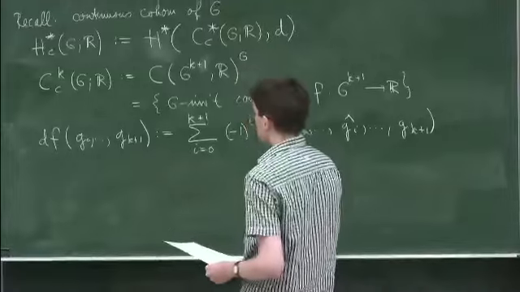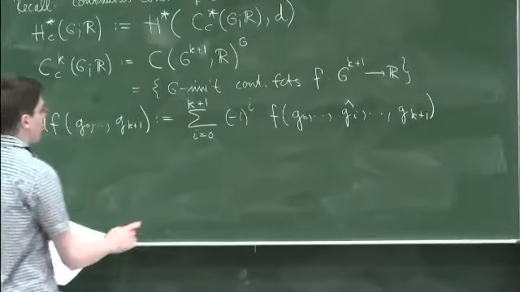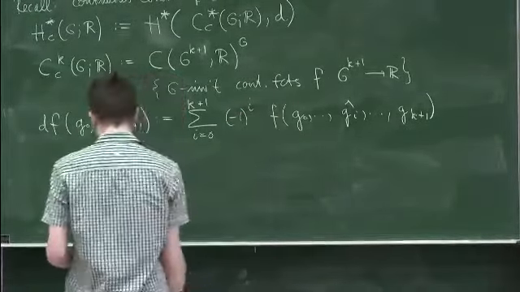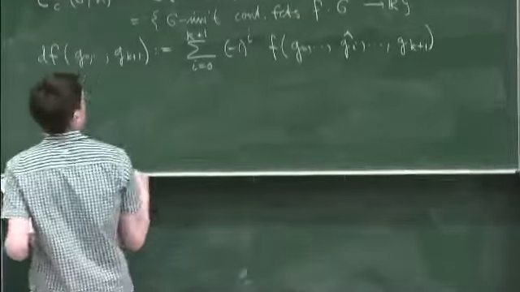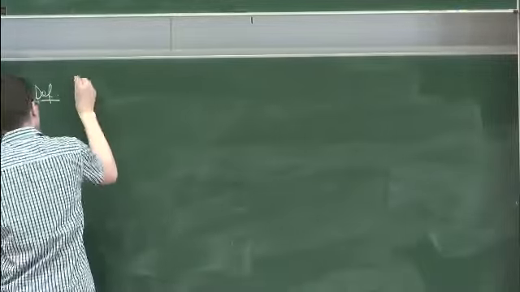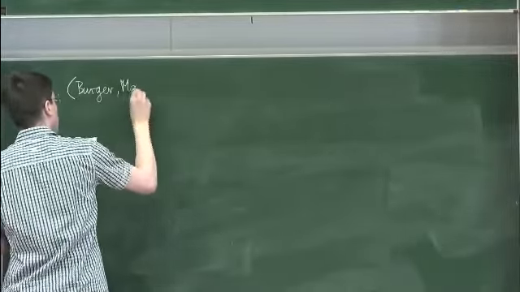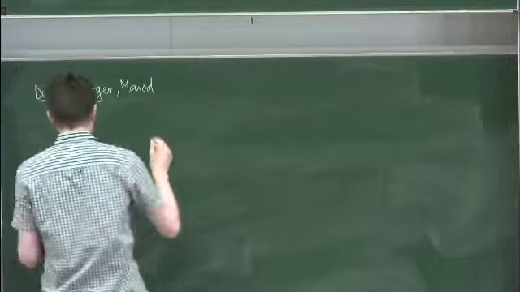Yes, this is known as the homogeneous bar complex for continuous group cohomology. And now there is a bounded analog of this, and it's the following definition, which is in this form due to Burger and Monod about 10 years ago.